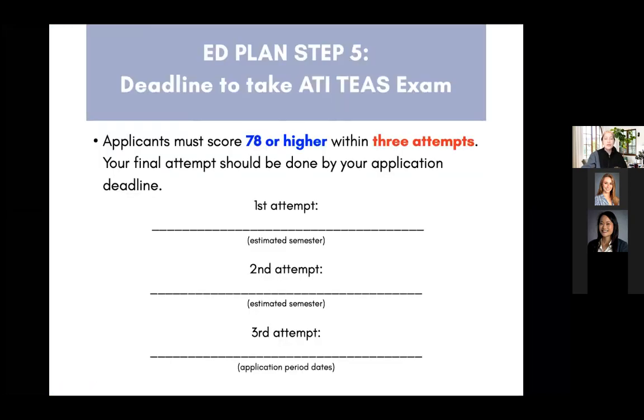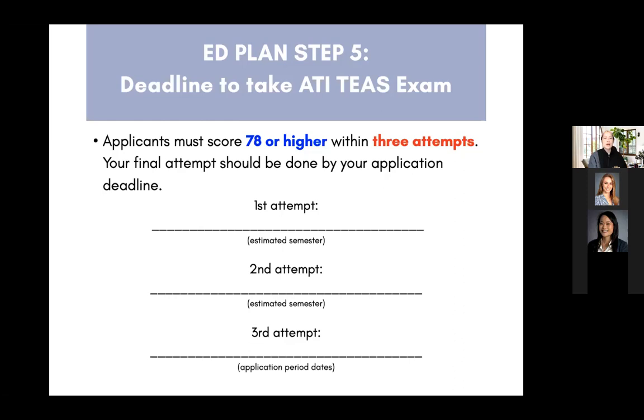The other thing that you need to consider as far as your admission is that you have to take the ATI TEAS exam. It's a standardized exam, similar to the ACT or SAT. It measures your reading, writing, math, science, including anatomy, physiology.